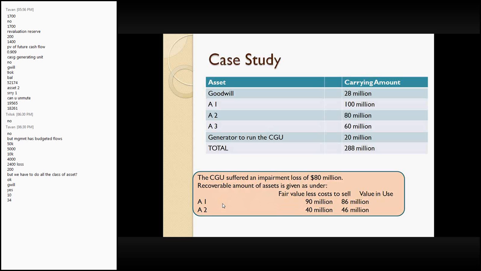We have already allocated 24 plus 10, that is 34, plus 28, that is 62. How much is remaining? 80 minus 62 is remaining, which will be allocated to A3 and the generator. The total value of the remaining assets should be 208 million.